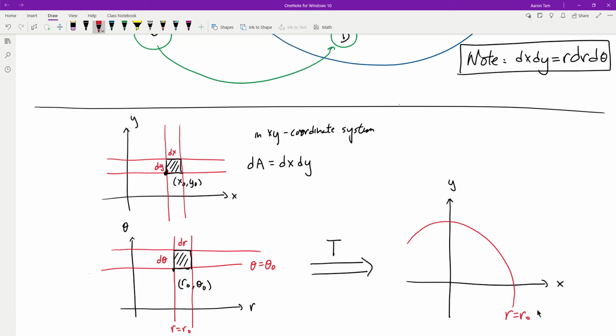And theta equal to theta sub 0 would be a radius, like this. Now if I change r a little bit and theta a little bit, when I change r a little bit, it will form a concentric circle and another radius. So this is my d theta and this is my dr, and therefore they form this picture right here.